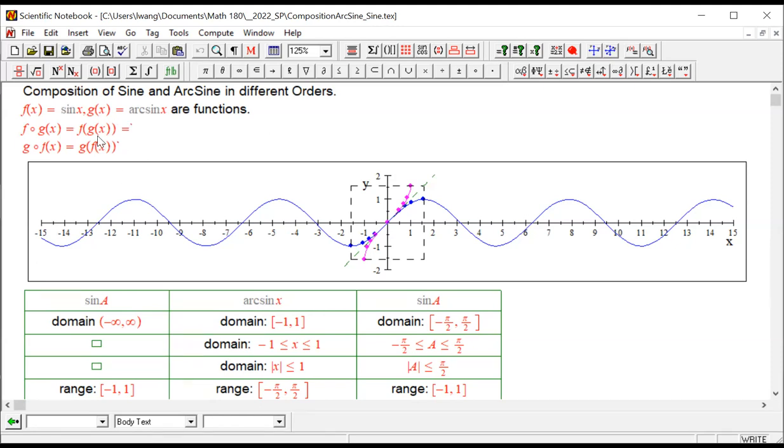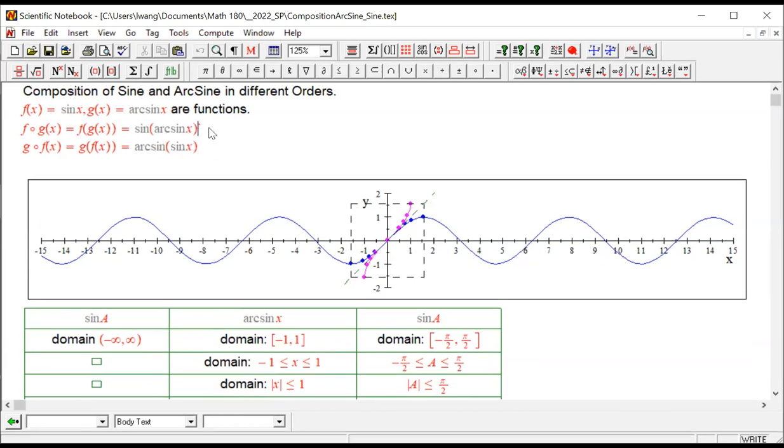In our particular case, F is sine, so we have sine of G of X, which is sine of arc sine. The other situation, G composite F, is going to be arc sine of sine. So these are the two cases we're going to study.